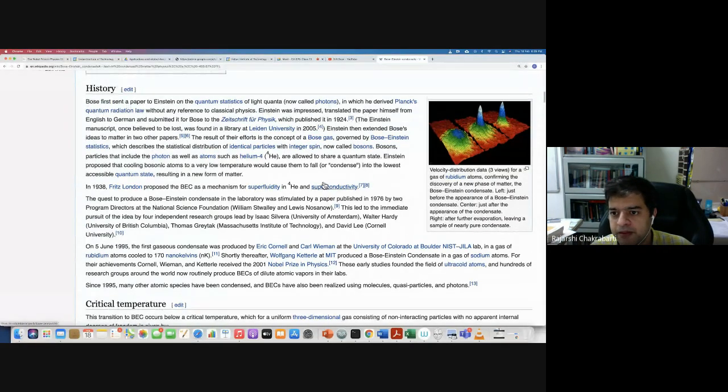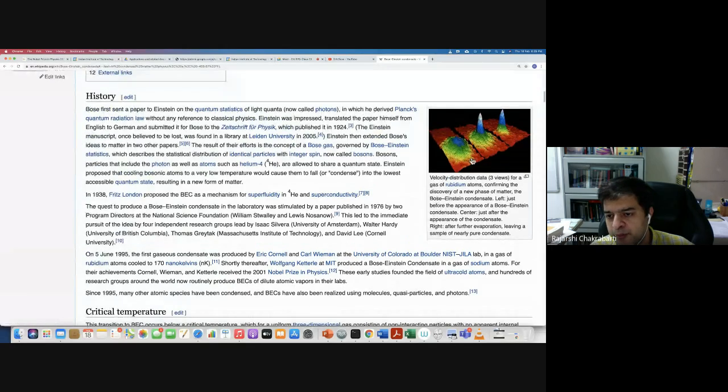You hit a temperature, and suddenly all the particles come down to the ground state. You can compute the velocity distribution, and you can see this is a gas of rubidium atoms. As the temperature drops, just after the appearance of the condensate, and after further evaporation, a sample of nearly pure condensate is formed.